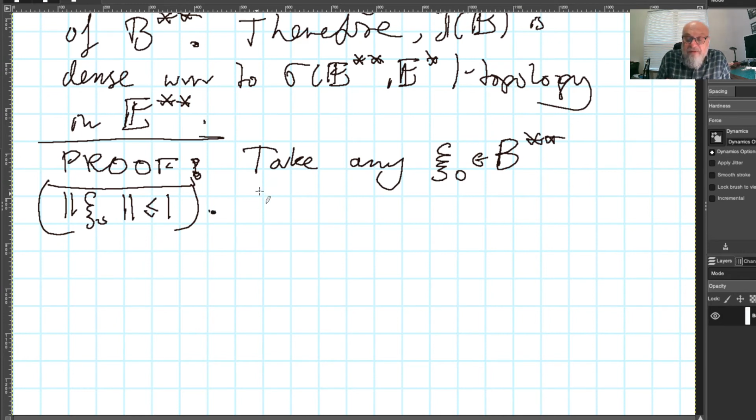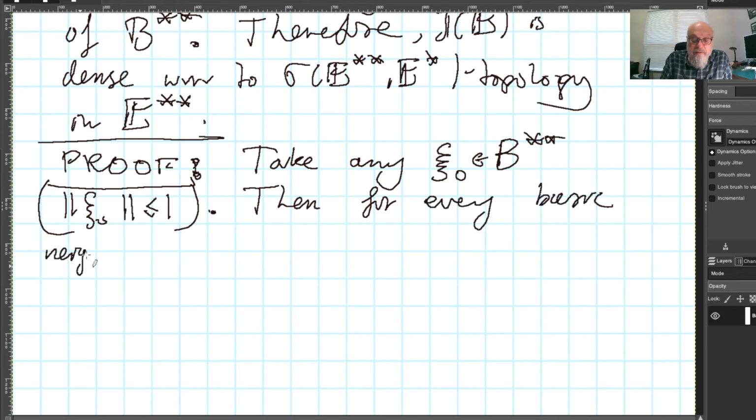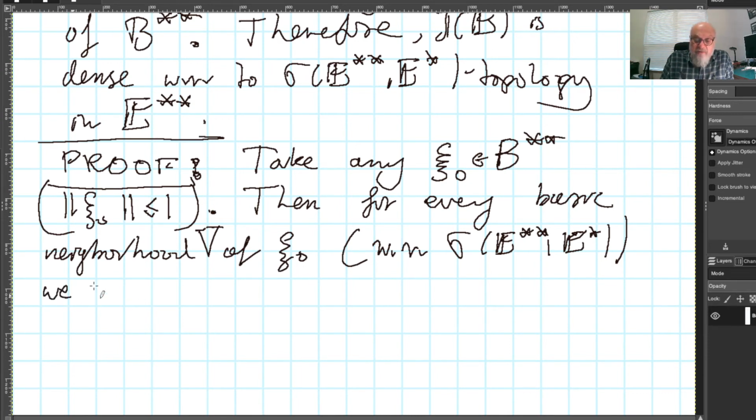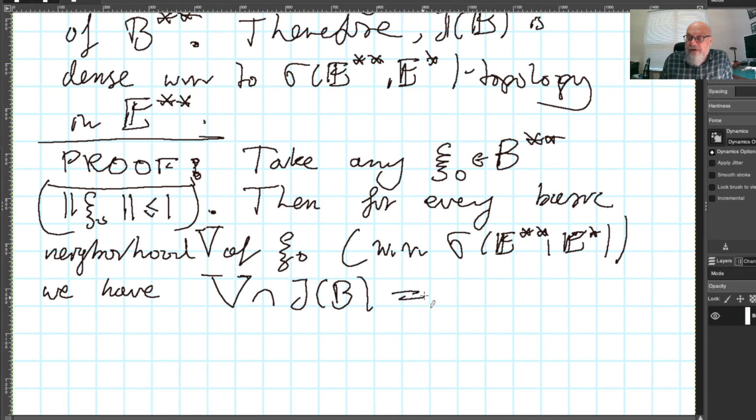I need to show that for every basic neighborhood of psi naught, with respect to this sigma topology, let me put it like this, V, we have that the intersection of V with J of B is non-empty.